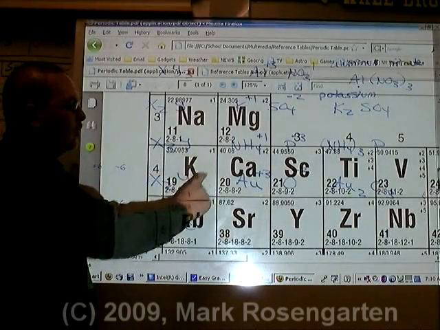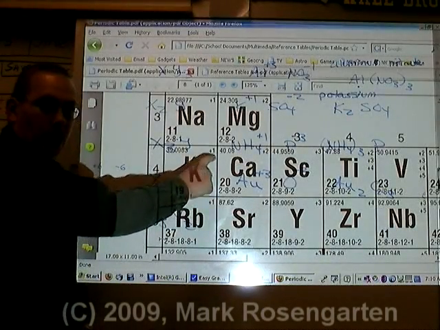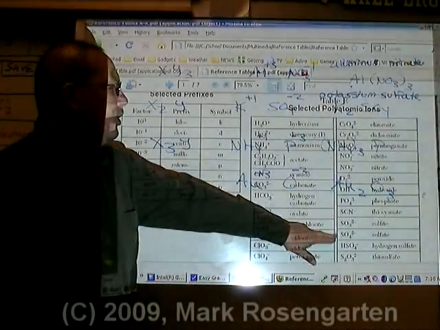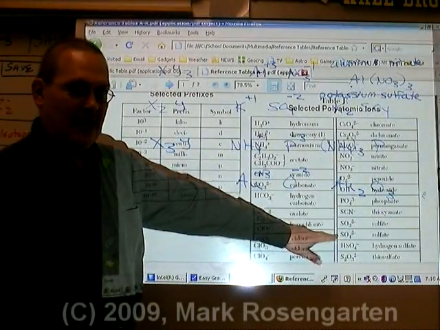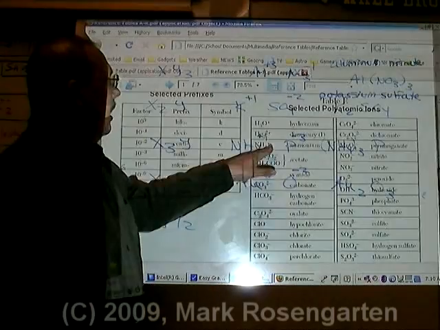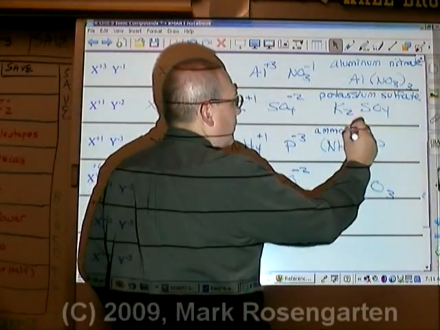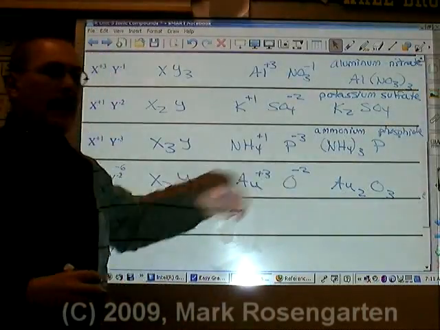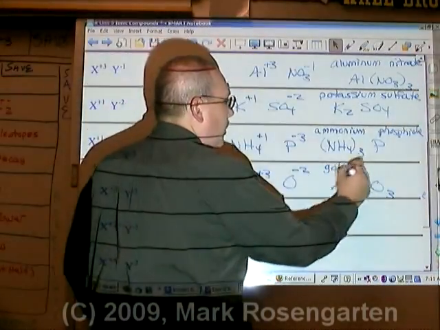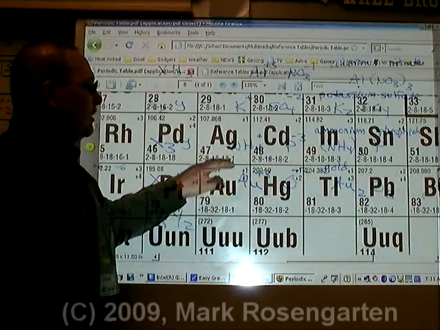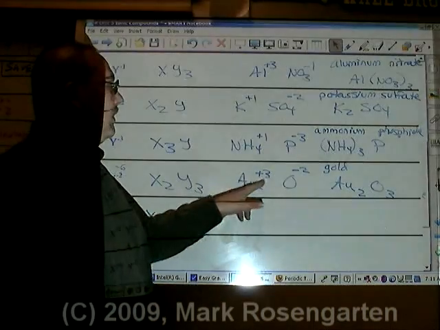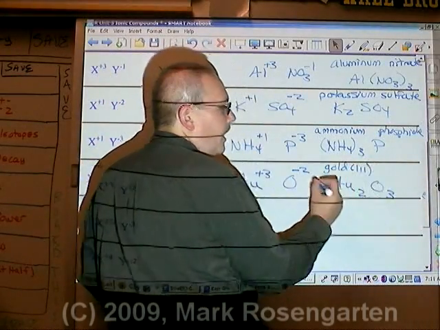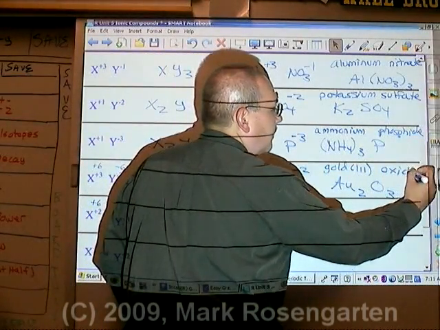Potassium only has one charge listed, so we don't need a Roman numeral. And SO4 is called sulfate, which you find on Reference Table E. NH4 is called ammonium. P is called phosphide. Au is called gold. Gold has 2 charges listed, 1 and 3, and this is the +3 version, so we call this gold 3 oxide.